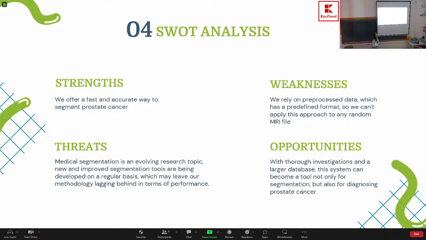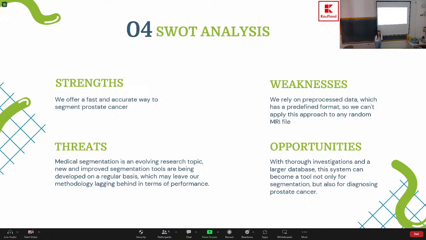Now, as a SWOT analysis, our strength is we offer a fast and accurate way to study prostate cancer. As a weakness, we rely on pre-processed prostate data in which we extract the ROI, so we can't apply this approach to any random MRI for any patient. Now, as a threat, this medical segmentation is an evolving research topic.